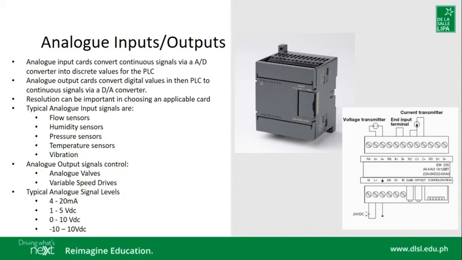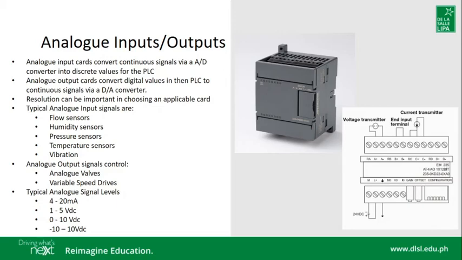Its resolution can be important in choosing the applicable card, whether the number of bits that is acceptable in an analog input and output could be accepted by the main CPU of the PLC, whether that would be either 8-bit, 16-bit, or 32-bit.